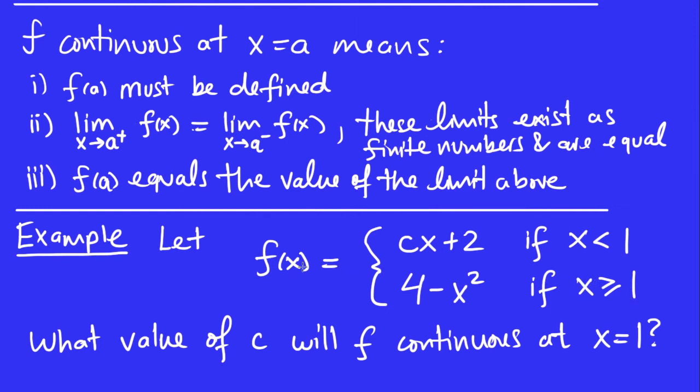So that means f of 1 is 4 minus 1 squared, in other words, 3. So f of 1 is perfectly defined. It's equal to 3. So f of 1 is defined. That's a good start.